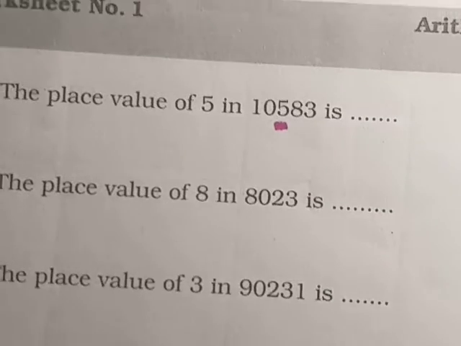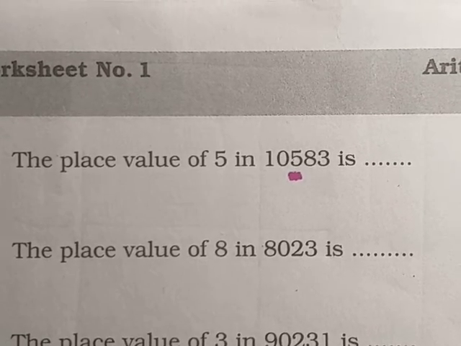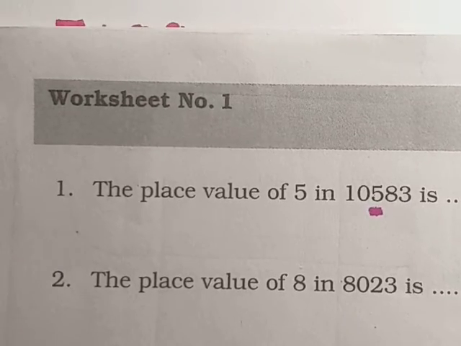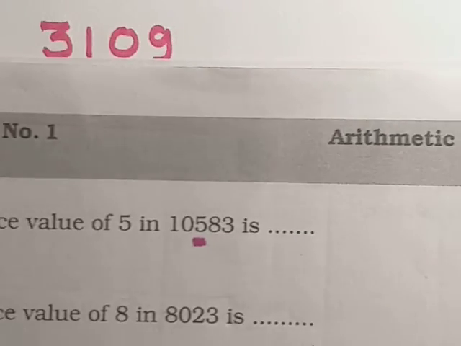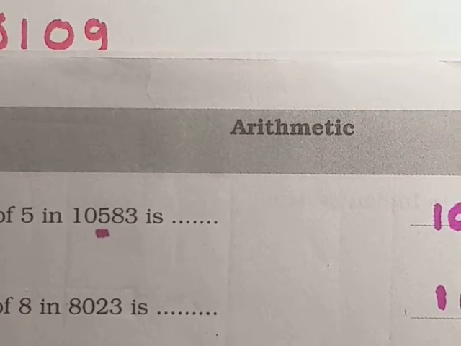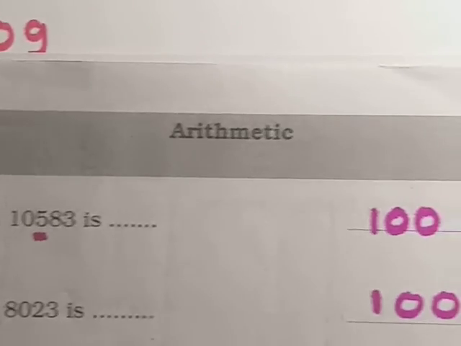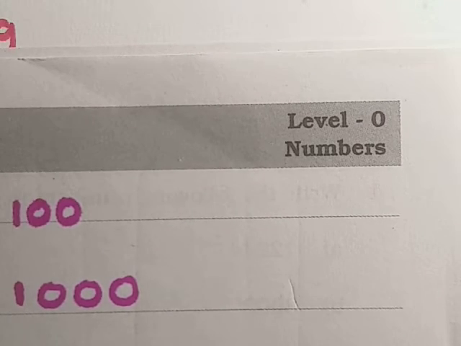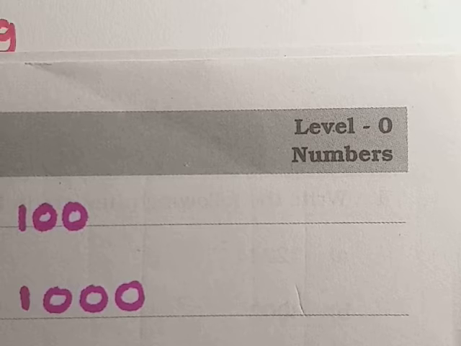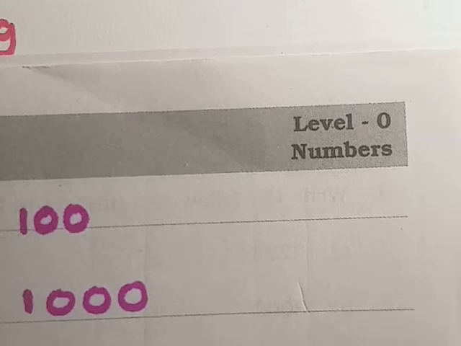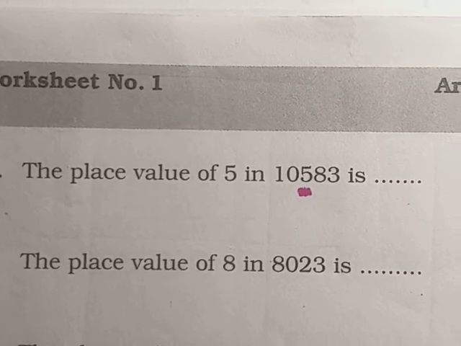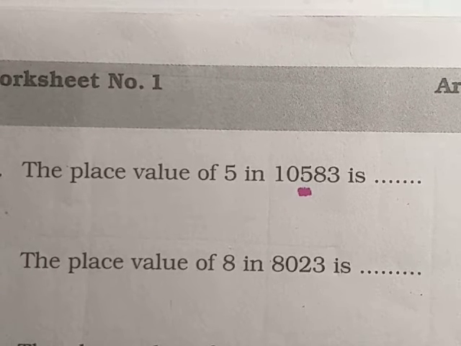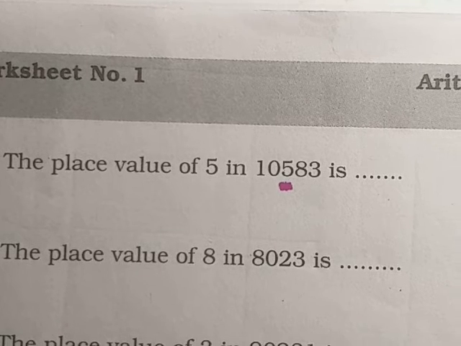I will go back to my worksheet number 1. The concept is arithmetic, and the topic chosen is numbers, and the level of learning is 0. Here, the place value of 5 in 10,583.